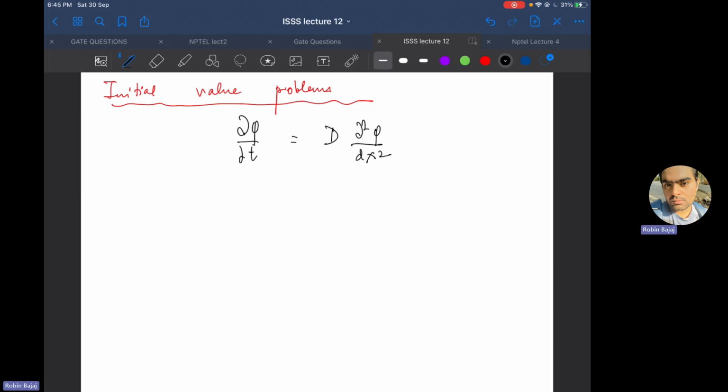Now, if you see this equation, you can't discretize time, right? On a grid, you can discretize, but the way you do discretization for solving these partial derivatives in x, you won't be really doing the same for time.